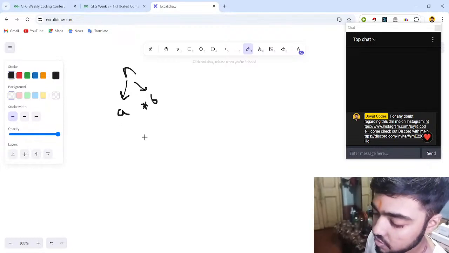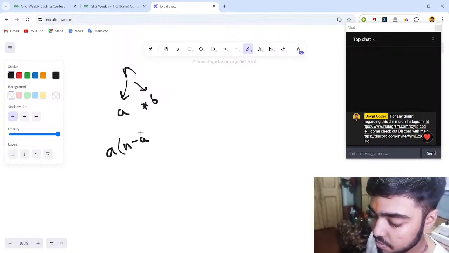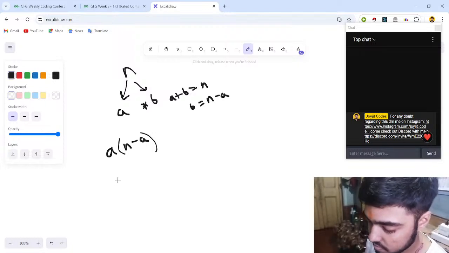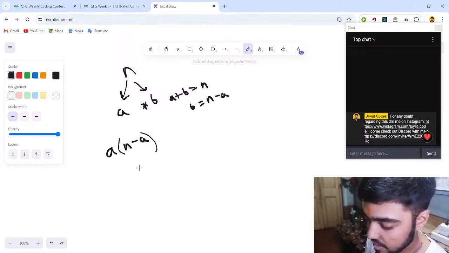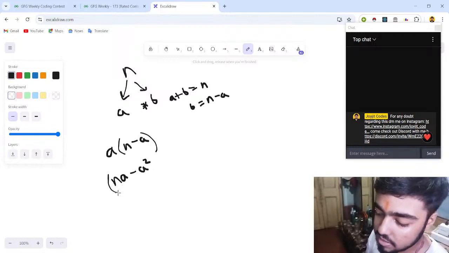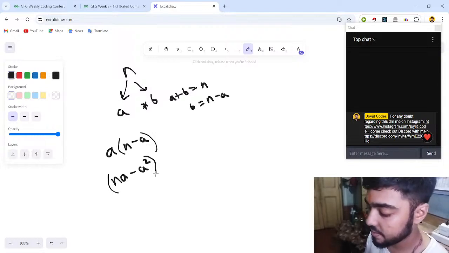Since we have to maximize A into B, we have to maximize A into (N minus A), because A plus B is N, so we can write B as N minus A. So we have to maximize N into A minus A squared. Now how can we maximize this? We have to find the value of A such that it is maximized.